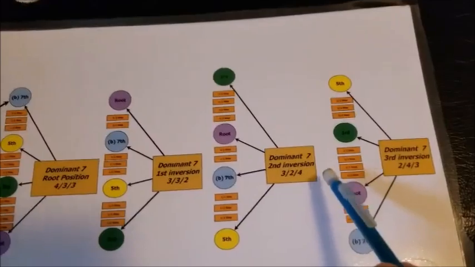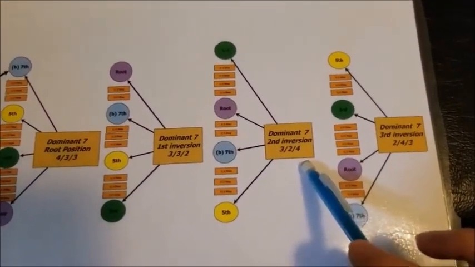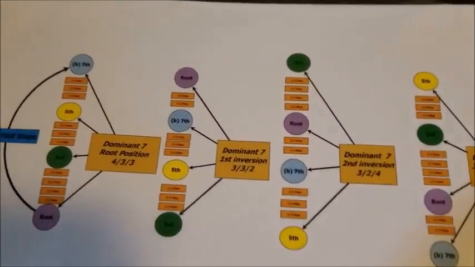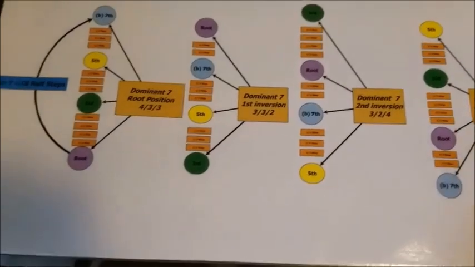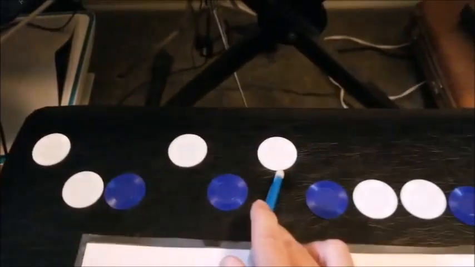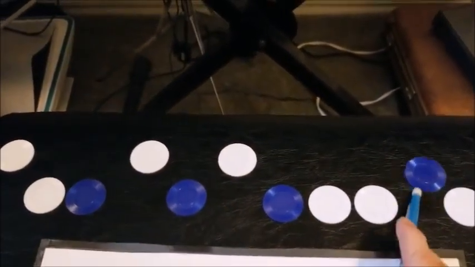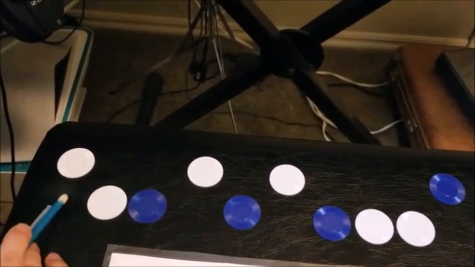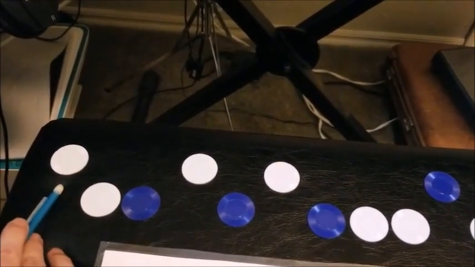Let's do the 3, 2, 4, starting on E. 3, 2, 4. 1, 2, 3. 1, 2. 1, 2, 3, 4. Okay, this is going to be second inversion, starting on E. E is the 5th.